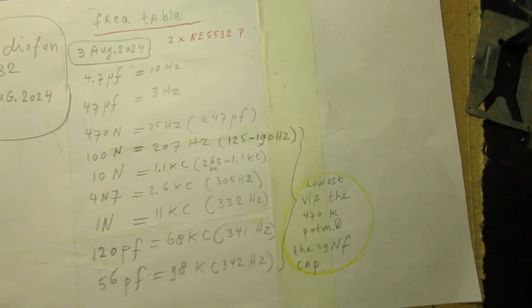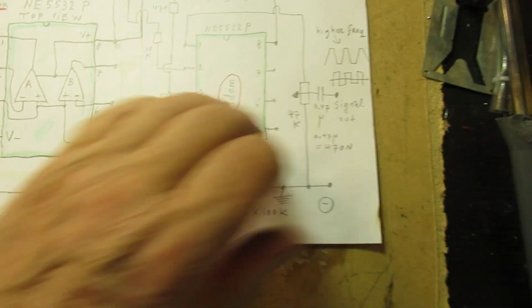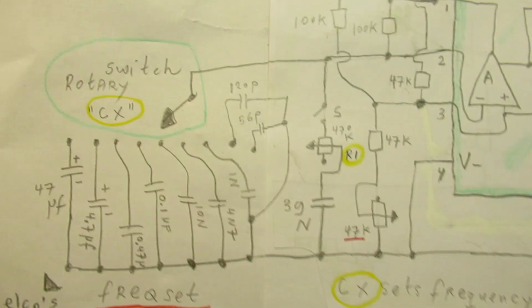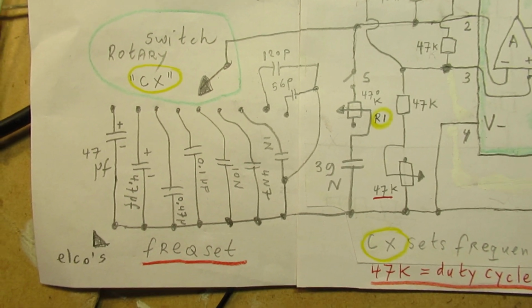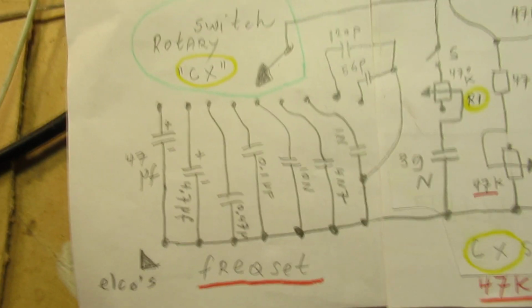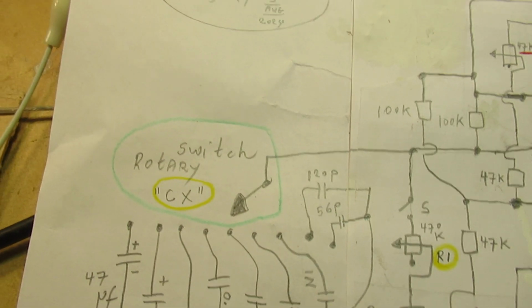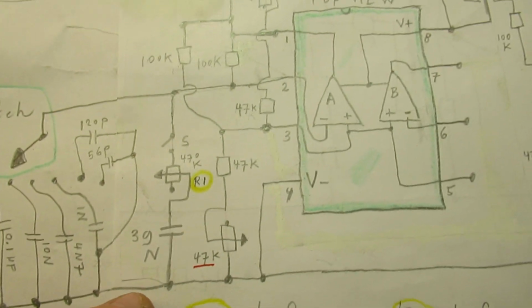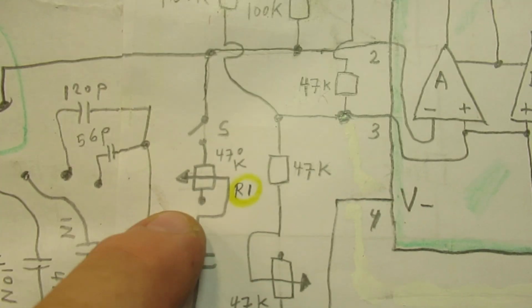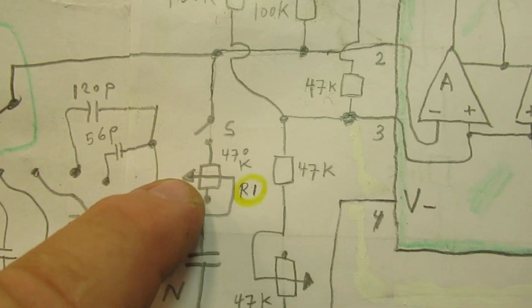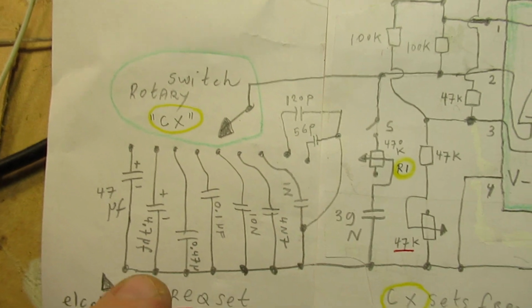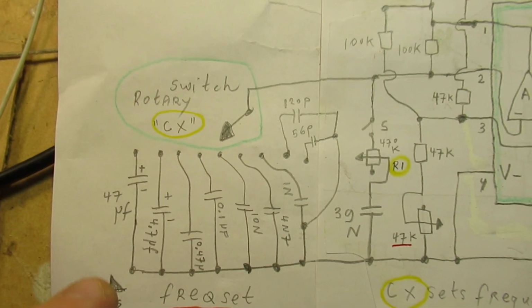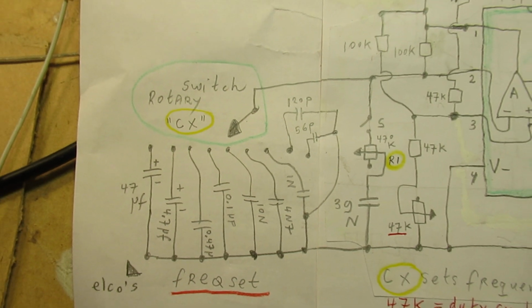And you can also say, I only use this way of aligning via that 470K potentiometer. This is a 470K potentiometer here that bridges the frequency dependent capacitor.